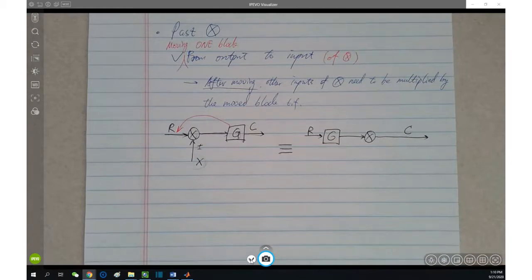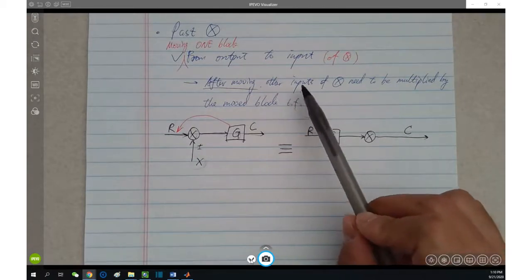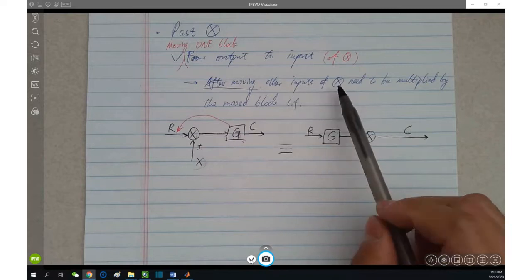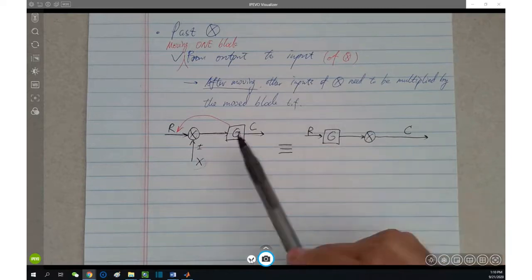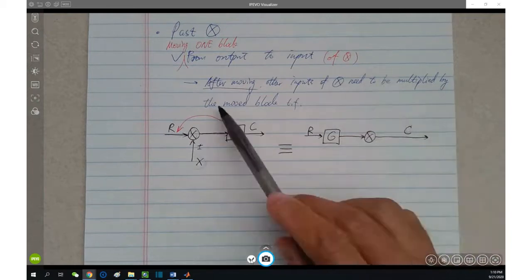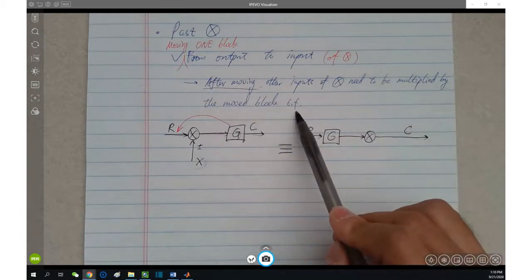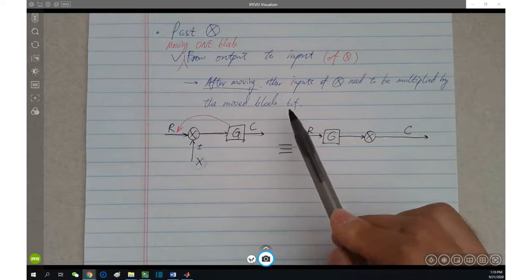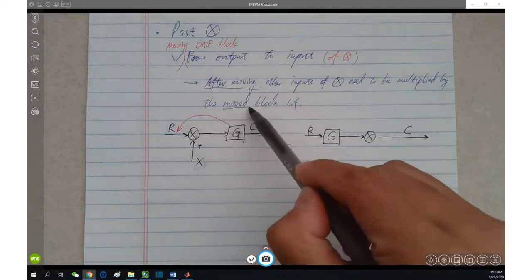However, the key is the other input of the summing junction, which is X, needs to be multiplied by the moved block transfer function. The moved block transfer function is whom?